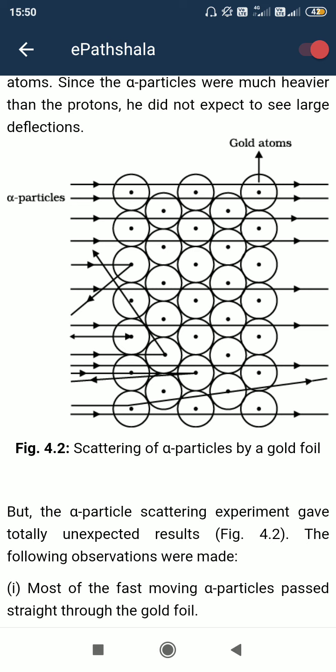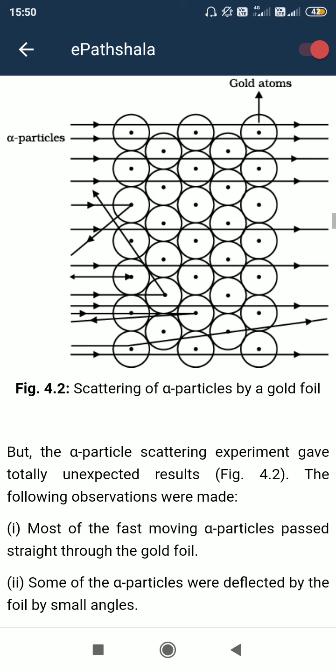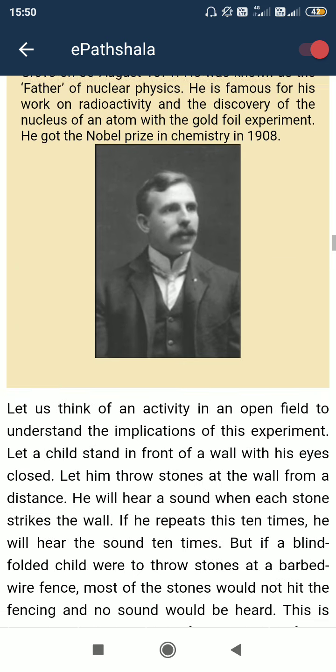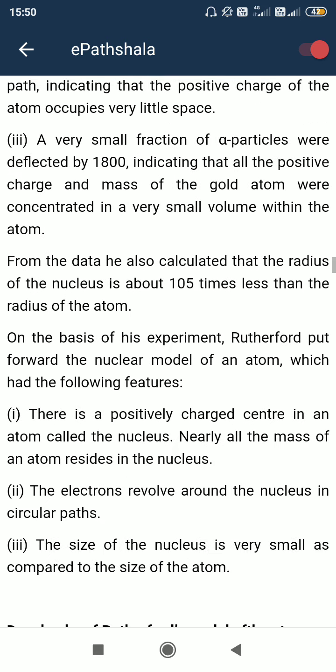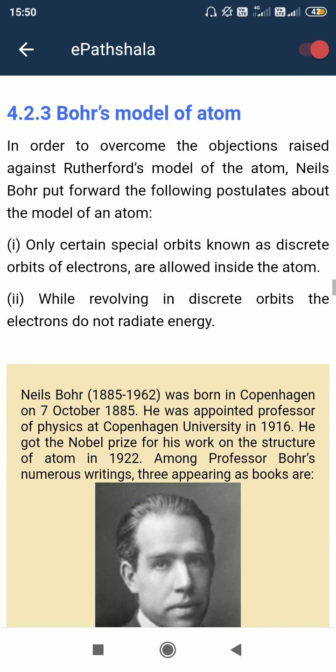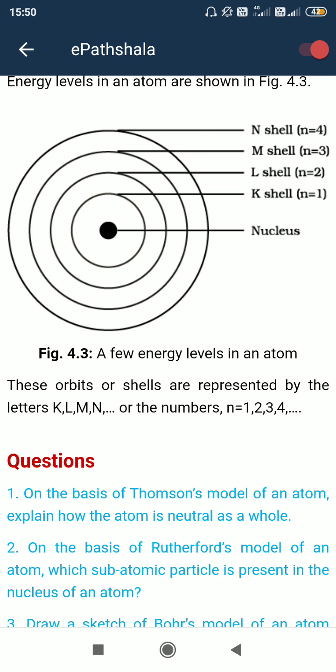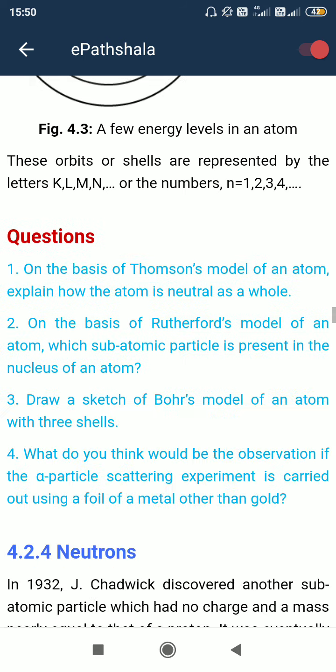The electrons circulating around, surrounding the nucleus, also come from Rutherford's model. When it comes to the orbit principles, it is from Bohr's model of the atom. So KLMNOP, like this: the nucleus and surrounding orbits KLMN, and small n value equal to 1, 2, 3, 4, likewise.